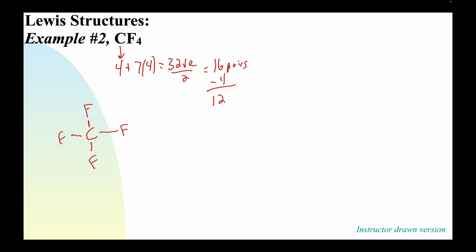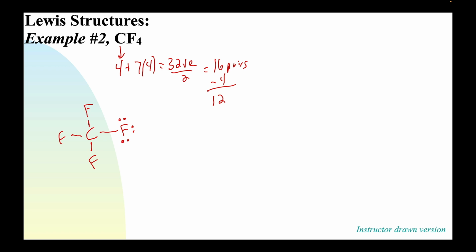Now, each of these fluorines right now has just 1 pair, 1 bonding pair to carbon. So what I'm going to do now is put lone pairs on the outer atoms first, and if there's any left over, I'll put them on the middle atom. Fluorine on the outside here needs 1, 2, 3 lone pairs to make it happy.